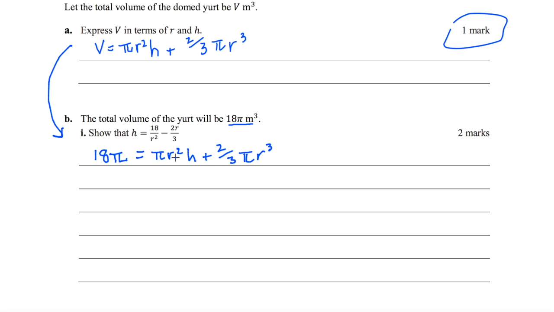Now you can see the only things we have in this equation are r and h. There's no other variables, so that means there's a relationship if we rearrange it for h and r. Now we can subtract 2/3 pi r cubed from both sides. So it's 18 pi minus 2/3 pi r cubed is equal to pi r squared h.